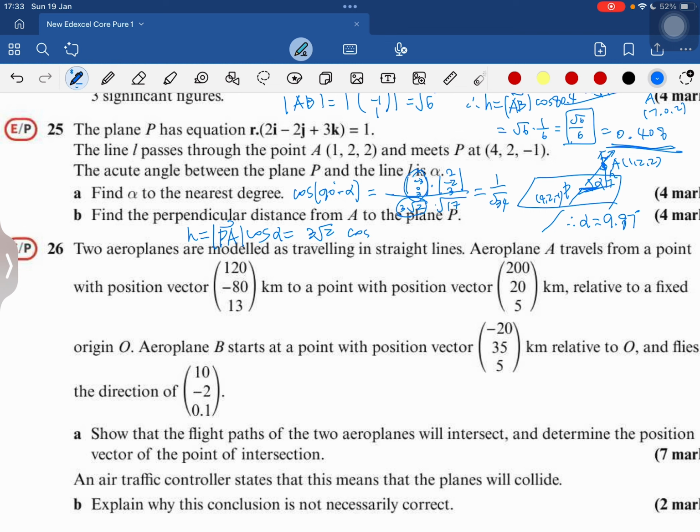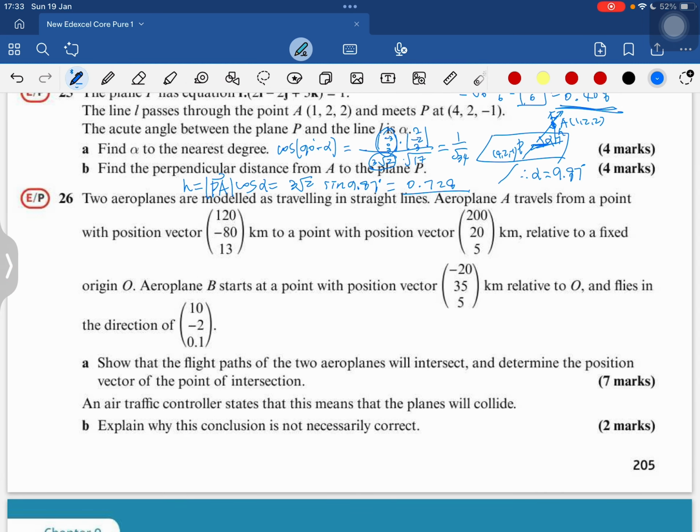And cos of 9.87 degrees is, no, this is not cos, sorry, this is a sine. So sine of the answer times 3 square root 2. So 0.728. Number 26.